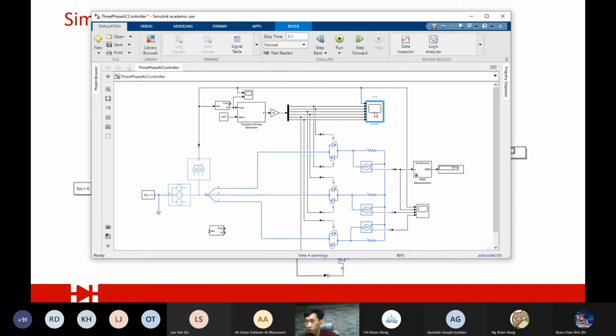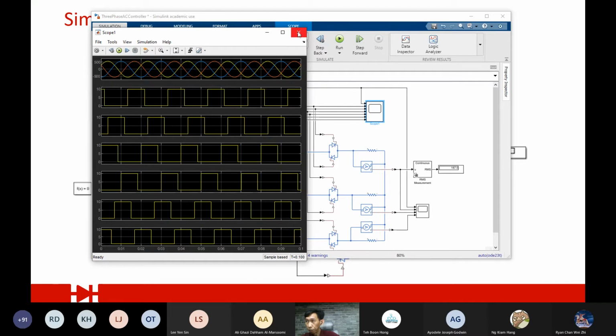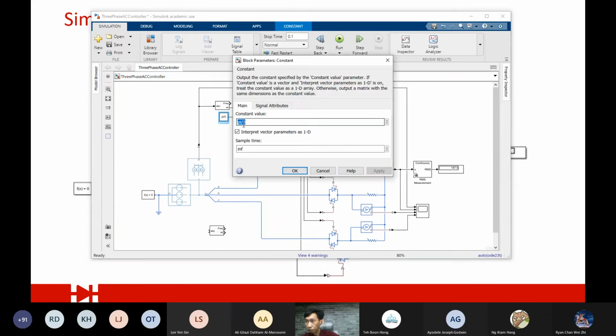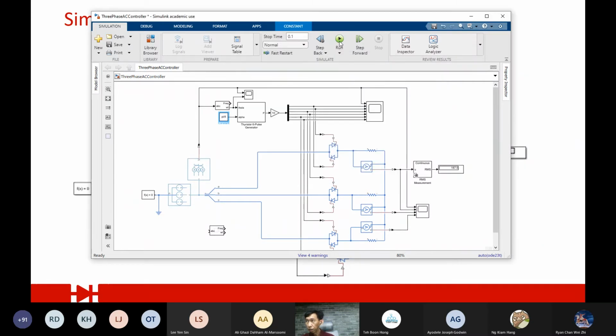And from here, you can actually see the pulse output, which I already showed in the slide. Of course, you can change a bit of this, divided by 4, divided by 3, then you see the difference.